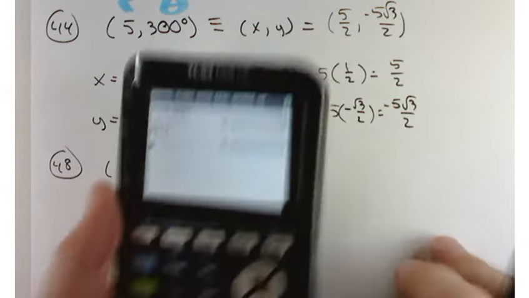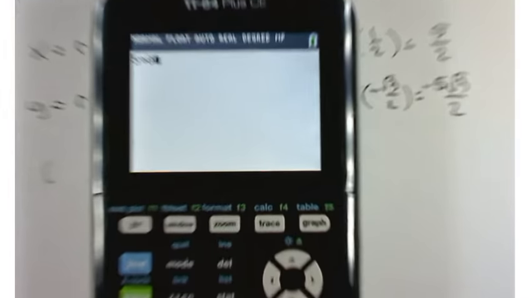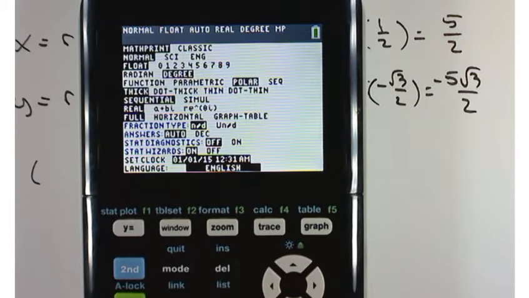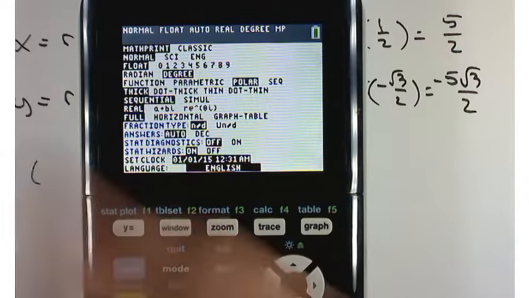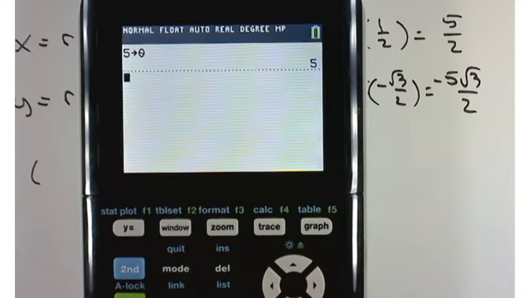One other thing it will affect, if you're used to storing things with the store key, say 5 store x, is that instead of an x, you get a theta, because you're in polar mode. If you don't like that and you want your x back, then go to your regular function mode. Now when you store something, it's back in x. That's the only change you're going to see.